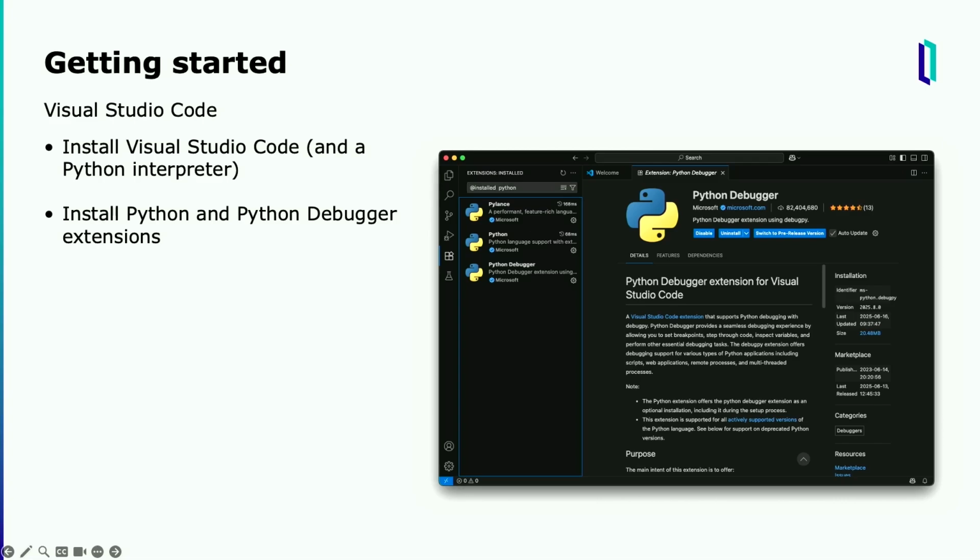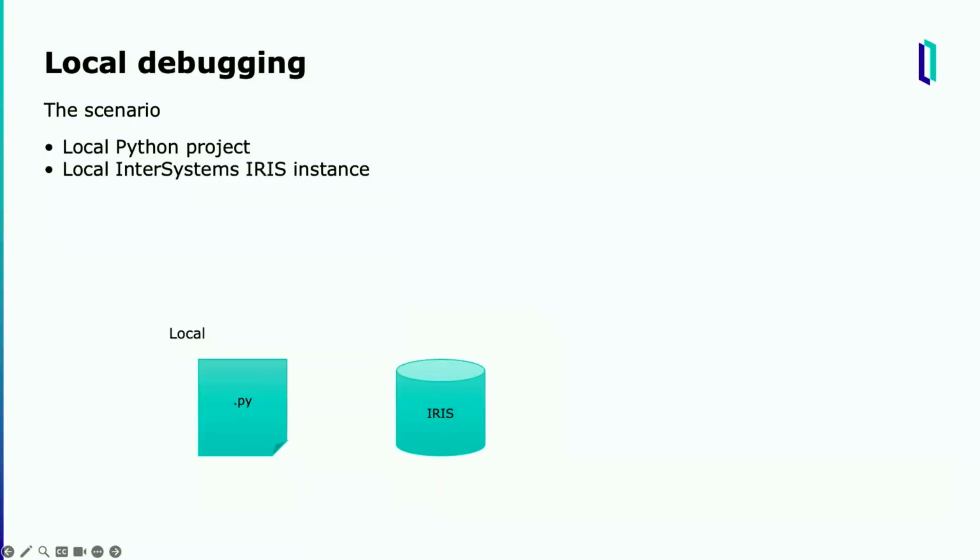The Python extension by itself, which makes the IDE Python aware, and the Python debugger, which allows you to actually debug your code, which is based on PyDB. There are two use cases for debugging, either local debugging, which means you're debugging your code on the system where InterSystems Iris runs. This is this case.